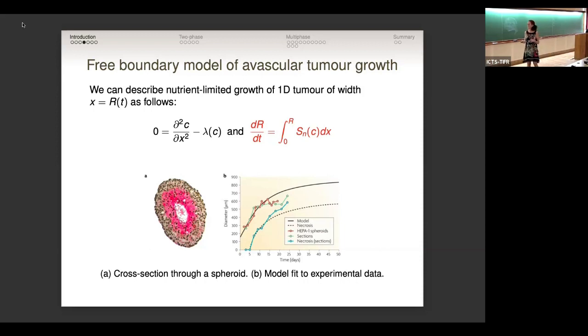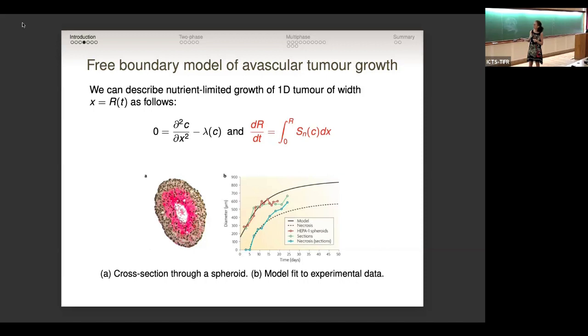Again, if you're interested, happy to point you to the literature. So these models and their extensions have been widely studied, but this is one canonical, classical type of model that you might use. Again, I haven't really told you anything as yet about specific functional forms for this net growth rate or the consumption rate.